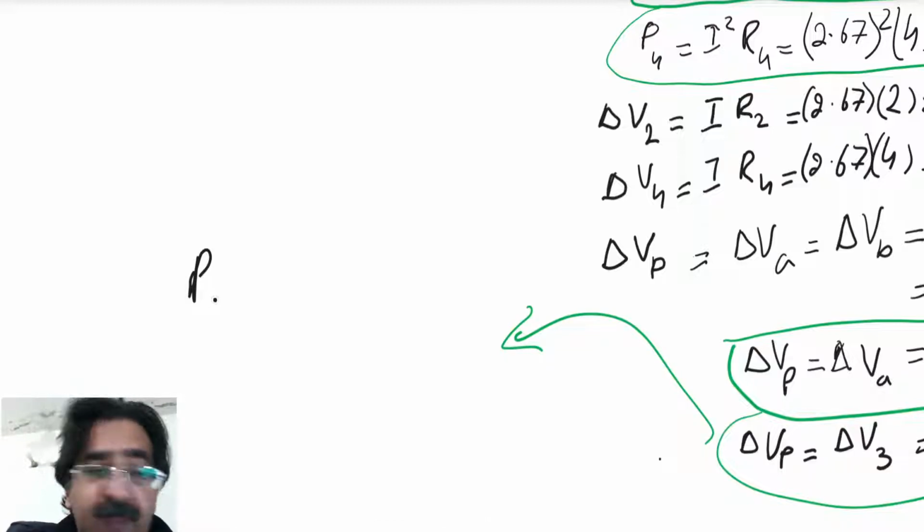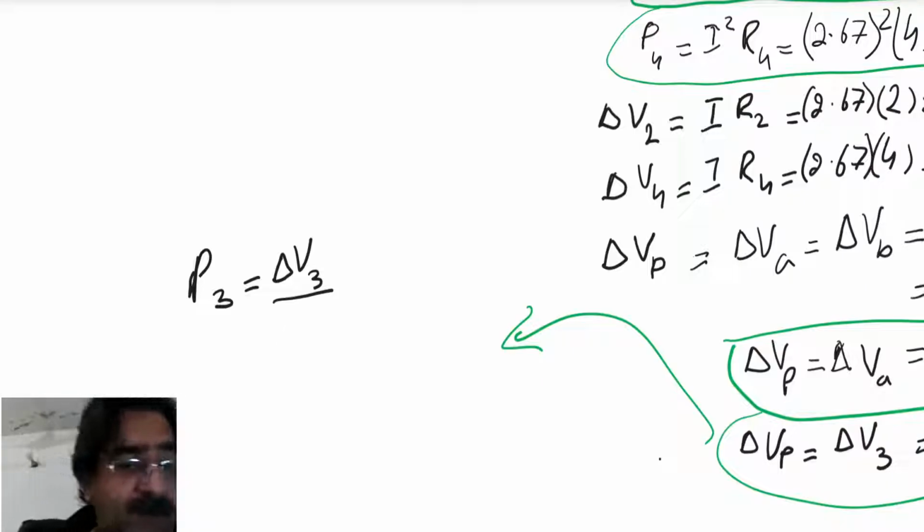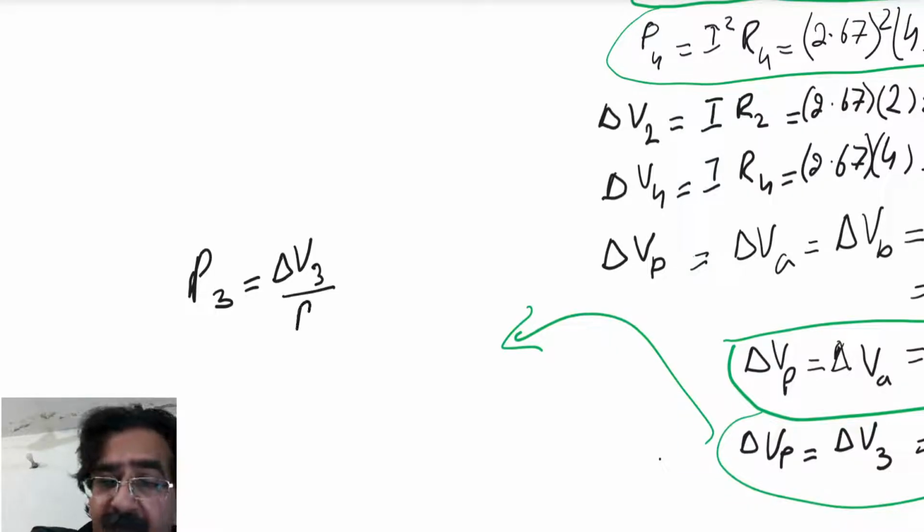So we will get P3, that will be delta V3 squared over R3, which is equal to delta Vp squared over R3.